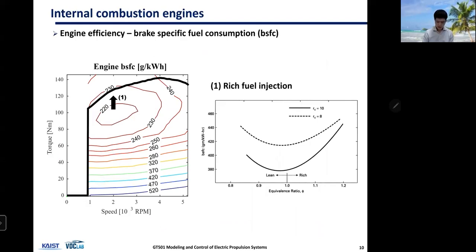Okay, and if we take a closer look, engine efficiency drops as we go farther away from the sweet spot. As you can see, we need to put more fuel in to get higher power, and that reduces fuel efficiency, because you're putting more fuel in to get that extra power from the engine.